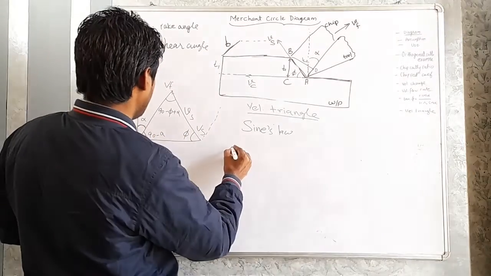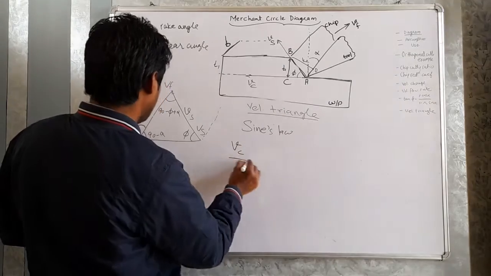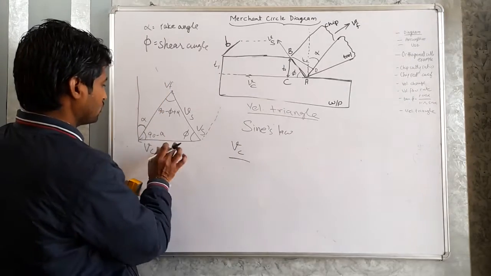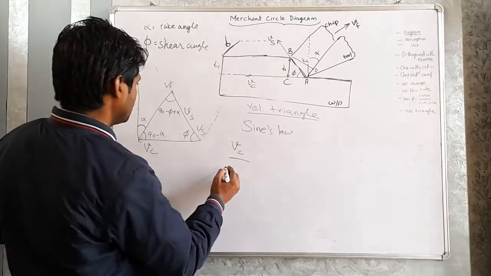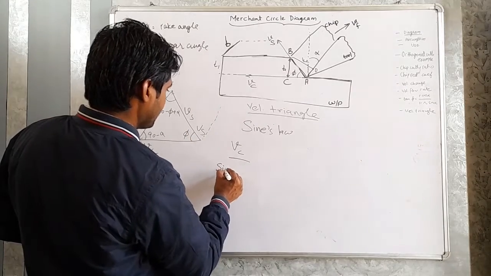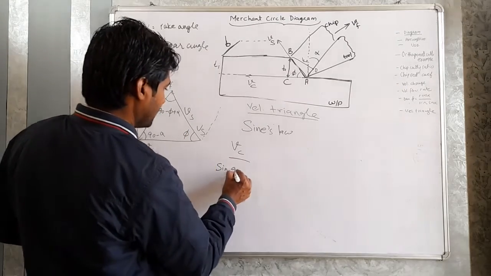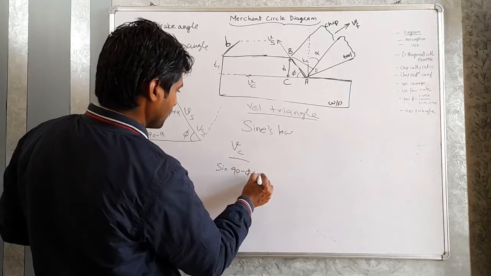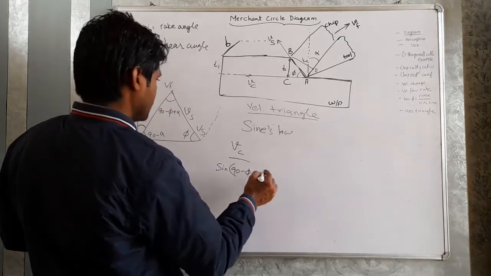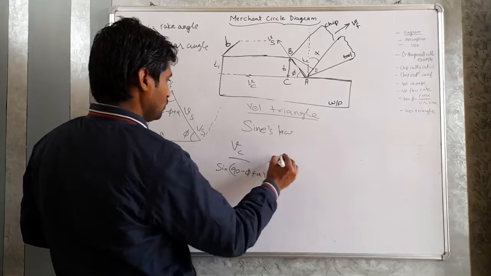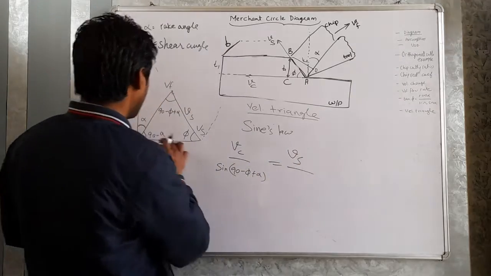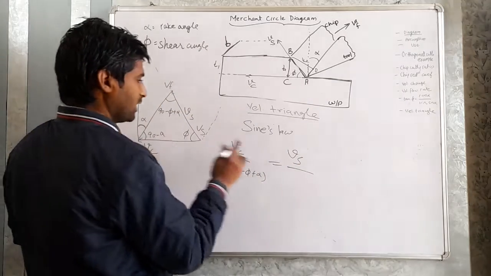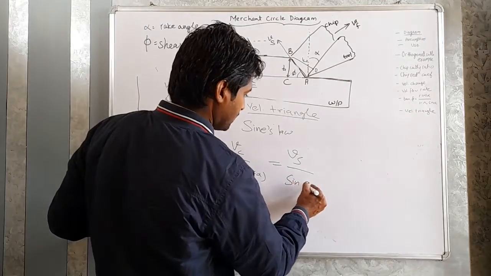So Vc, the length of this side, over sine of 90 minus phi plus alpha, is equal to Vs divided by sine of 90 minus alpha.